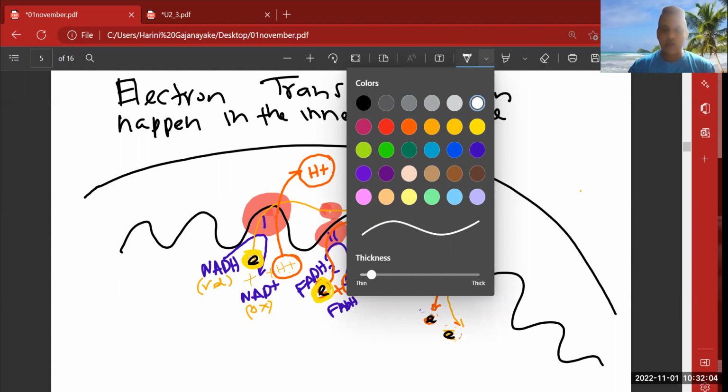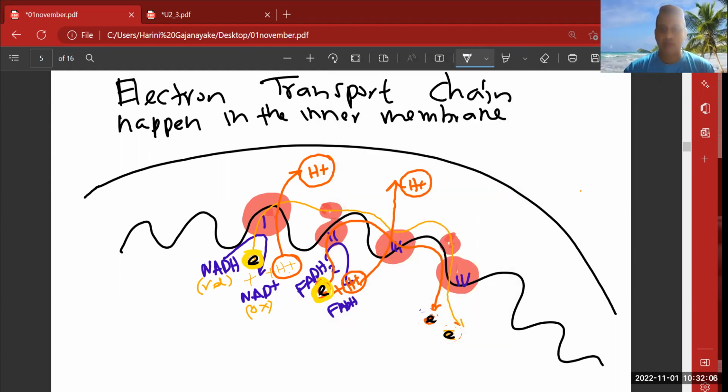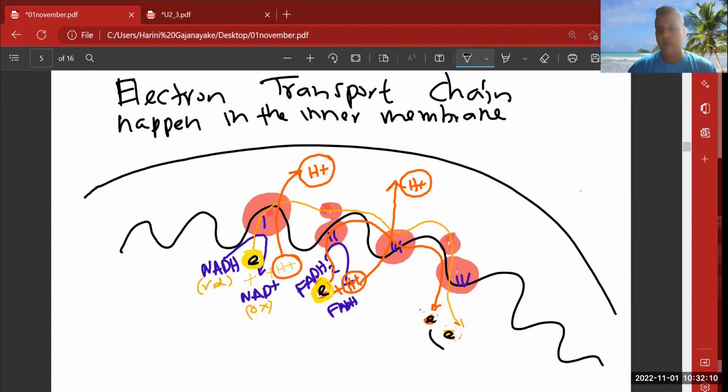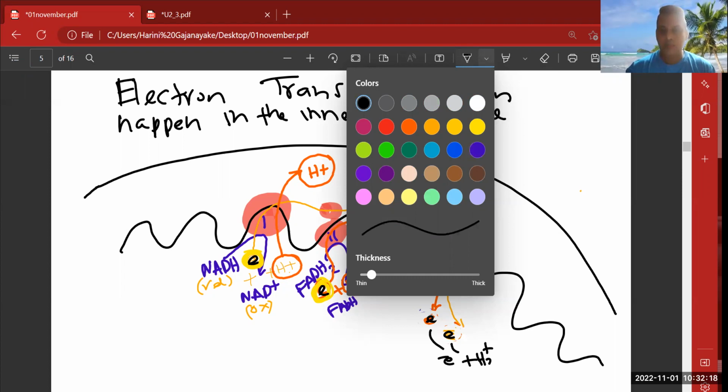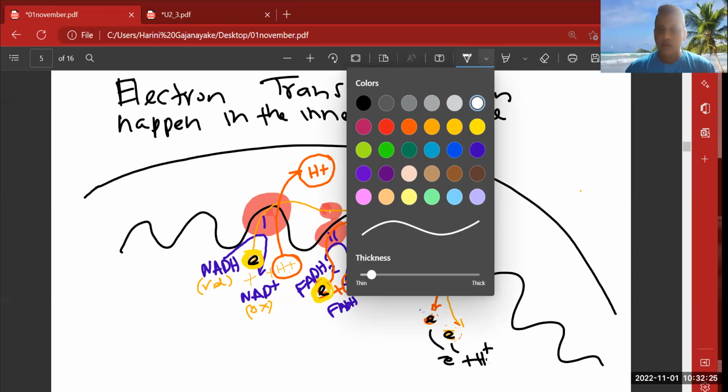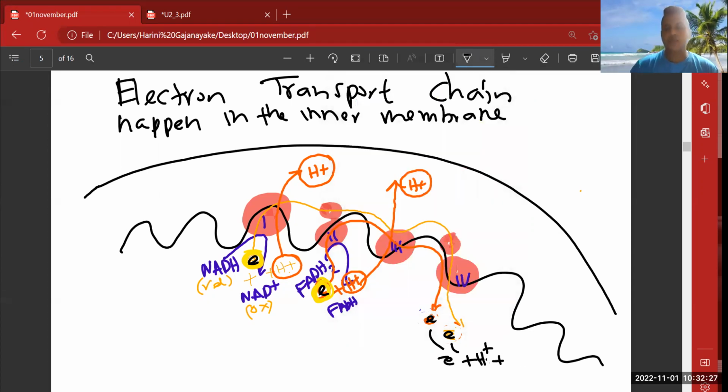This electron combines with the proton, hydrogen ion, and, very important thing coming up now, oxygen, to make a water molecule.